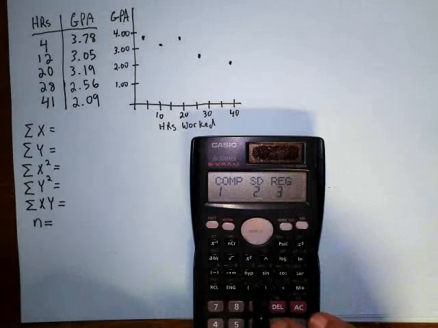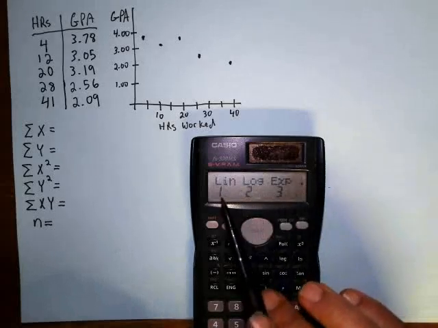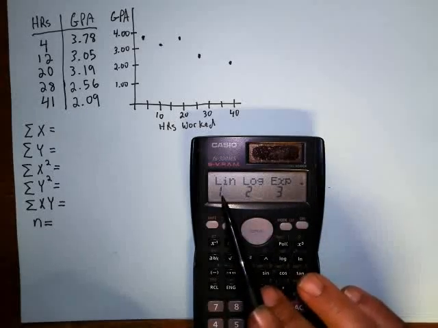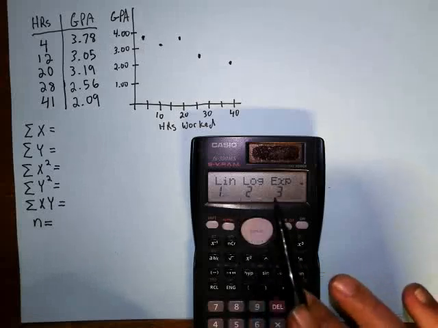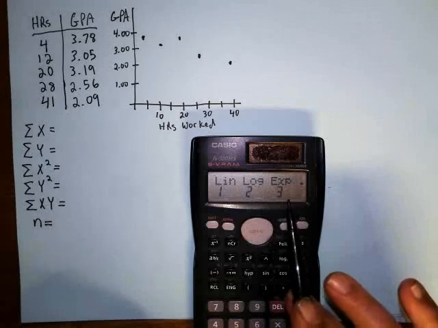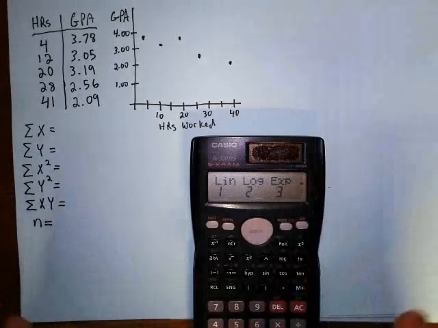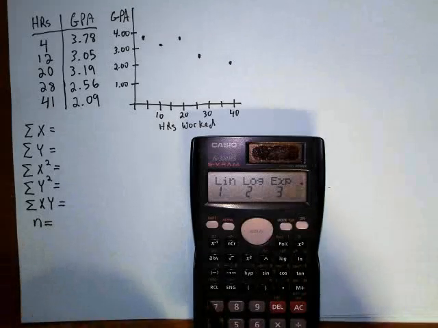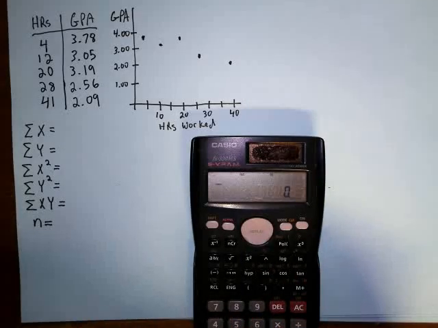So correlation and regression go together. And then I'm going to hit 1 for linear regression, because there are other types of regression, like logarithmic and exponential regression, and more advanced types, and we're just doing the linear regression.